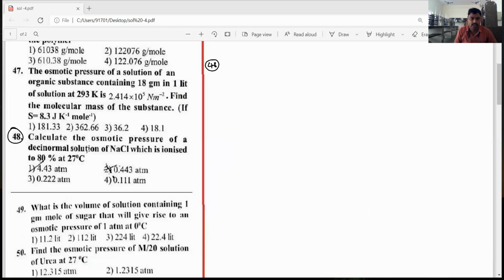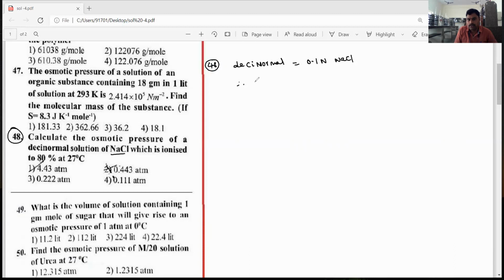We have to calculate the osmotic pressure of deci normal NaCl, which is ionized to 80% only. So deci normal is nothing but 0.1 normal NaCl. So the n factor of NaCl is equal to 1.